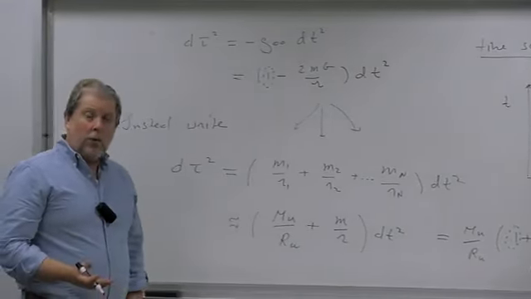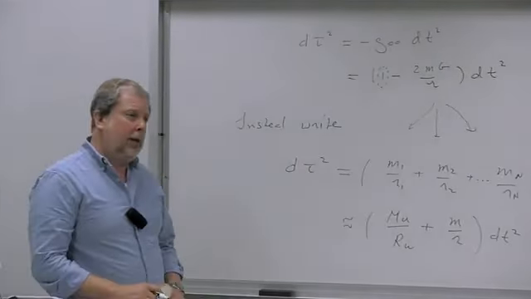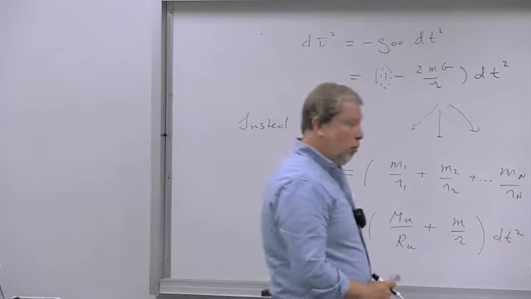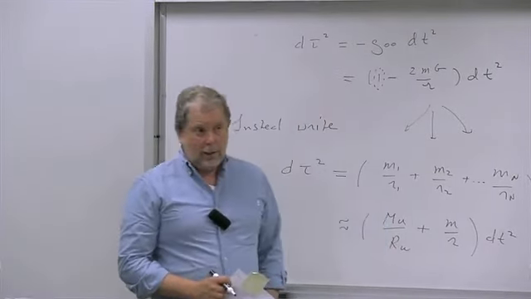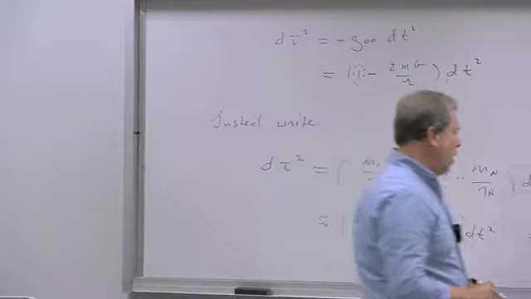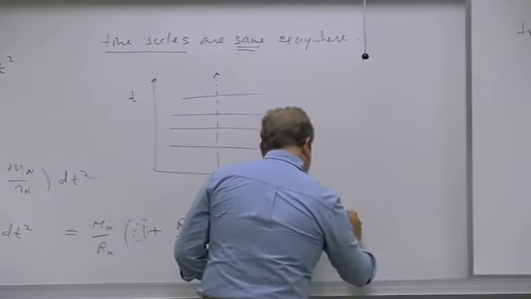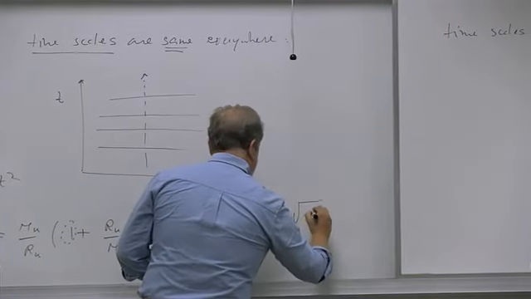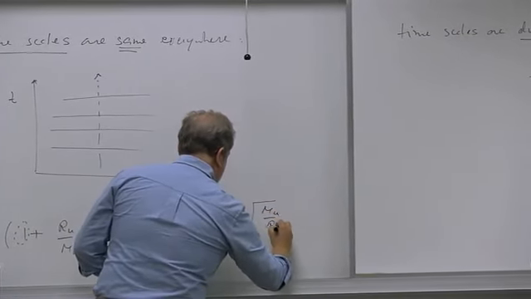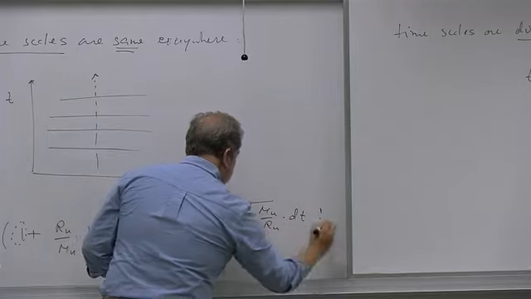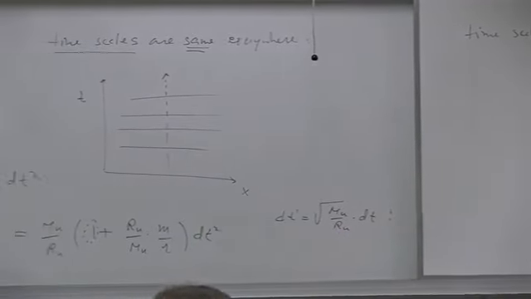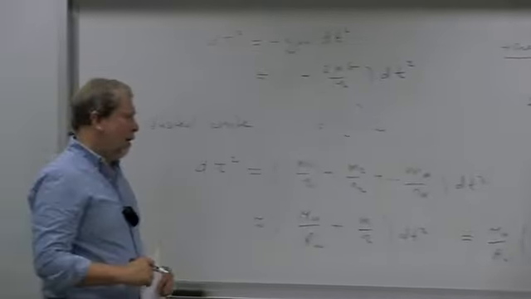And now what we will do is something that is very sensible to do, and that is to rescale the time. So we are going to define dt prime to be the square root of mu over ru times dt. And so that is a redefinition of what we mean by the speed of light.